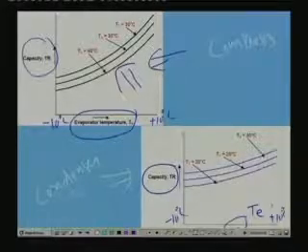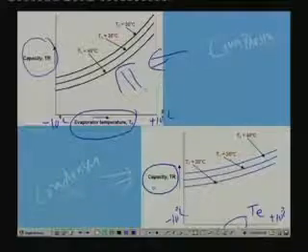For example, if the evaporator temperature in this case is varying from, let us say, minus 10 degree centigrade to plus 10 degree centigrade, here also it should vary from minus 10 degree centigrade to plus 10 degree centigrade. It has to be exactly the same axis. Similarly, the capacity. Then the matching between the condenser and compressor is obtained by simply superimposing this onto this.